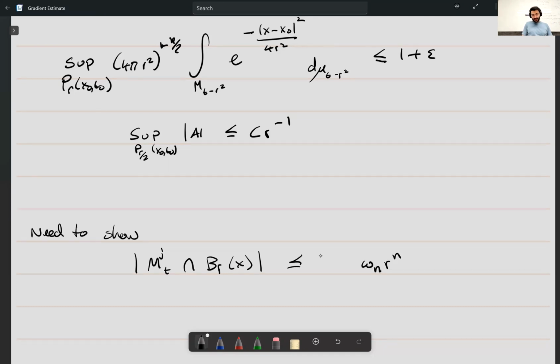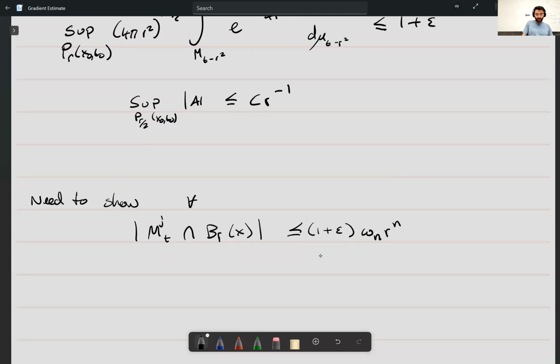But it's not going to be true for any J; it's only going to be true in the limit. So I just need to show that there exists J large enough so that the area of M_J^T intersect this ball is less than or equal to that quantity. So for all epsilon greater than 0, there exists J such that this is true.